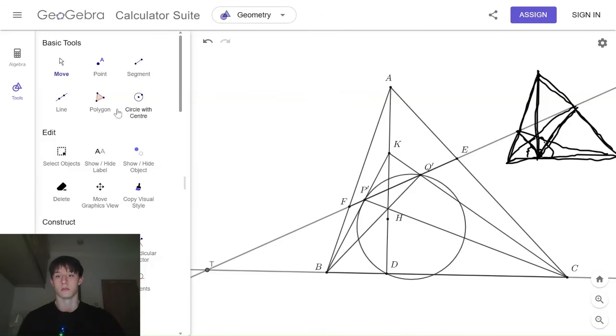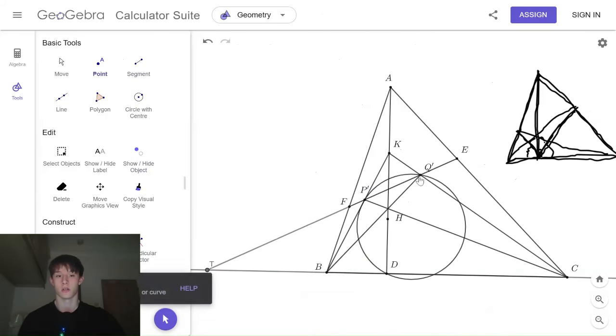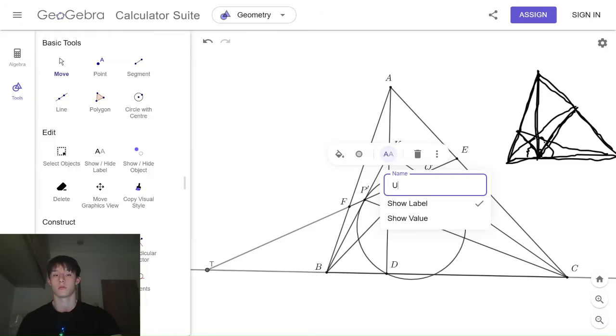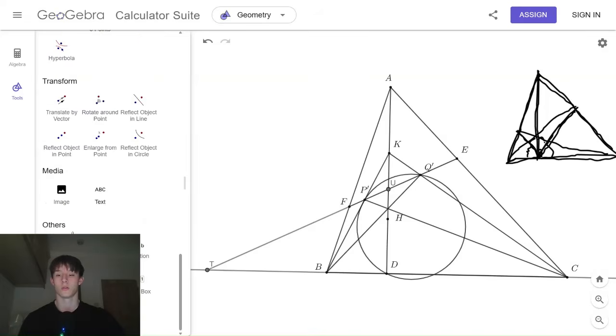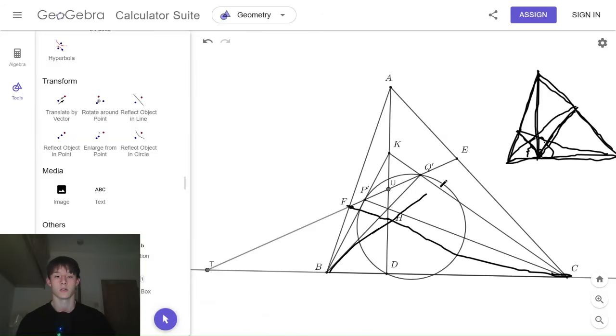then essentially, yeah, yeah. This is game over for this question. I mean, we're too good. Okay, so if I take another point and call this U, then essentially we knew that since FHC and BHE intersect here on H, TBDC is a harmonic quadruple.